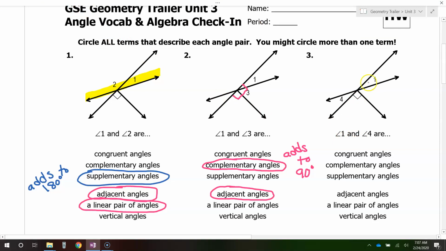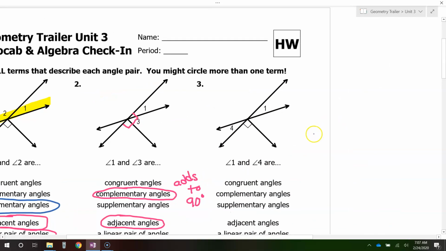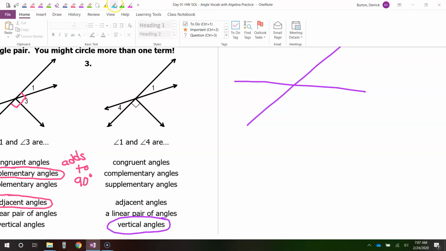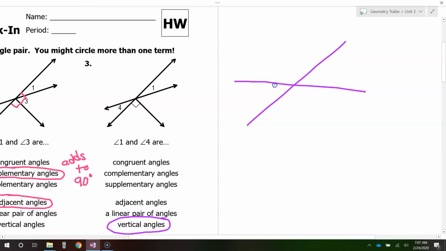All right, let's move on to number 3. All right, angles like 1 and 4. Now these are vertical angles. All right, vertical angles are what you get in general when you have lines that are intersecting. You're going to have 2 pairs of vertical angles. So, for example, these green angles are vertical angles, and vertical angles are always going to be congruent.